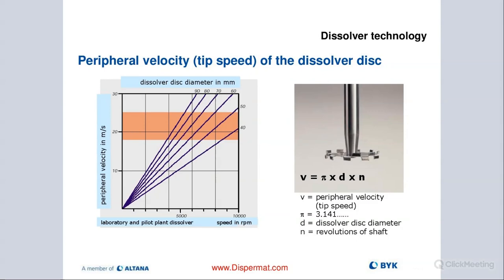So if it's 50 millimeters, it would be 0.05 times the RPM times pi, 3.14, and divide everything by 60. That will give you the calculation of our tip speed in meters per second, and you want to be between 18 to 25 to have the optimum dispersing window. So you may want to write it down, but we share the presentation so you can review that later.